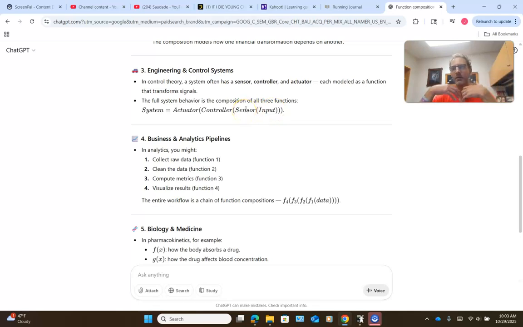So think about your car, when your car is running, it's taking input from those different sensors. And it may be that input from the sensor will give output that goes into a controller, and then the output there actuates something. Okay, causes something to happen. So it's kind of like a sequence of events or a sequence of processes.